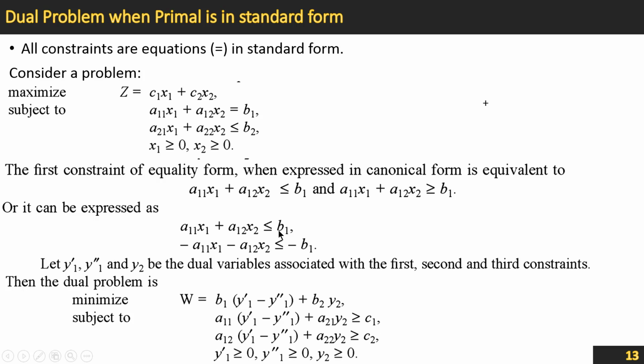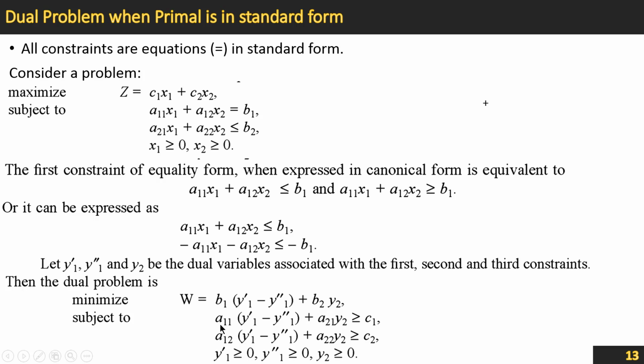Next, these coefficients b1, and here minus b1, and then b2, all will become the coefficients. The right hand side of the constraints will become the coefficients of the objective function of the dual. So that's why they have come here: b1, minus b1 and b2.